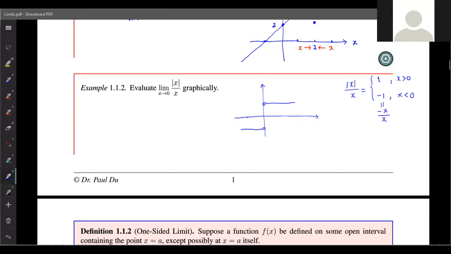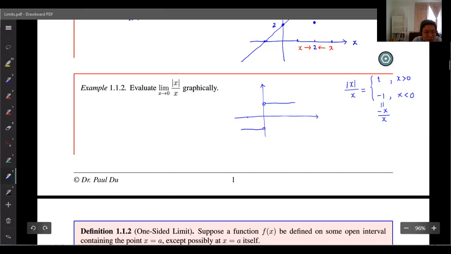Okay, good. So it looks like the function does not approach a fixed number. If x approaches 0 on this side, we get 1. On this side, we get -1. Which one do we pick, 1 or -1? Unfortunately, it's not fixed. If not fixed, then the limit does not exist.